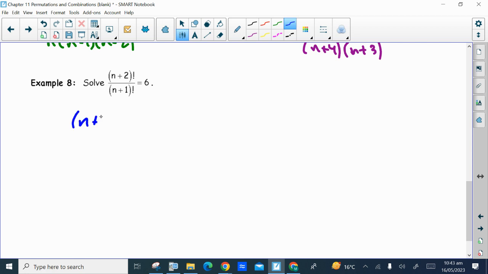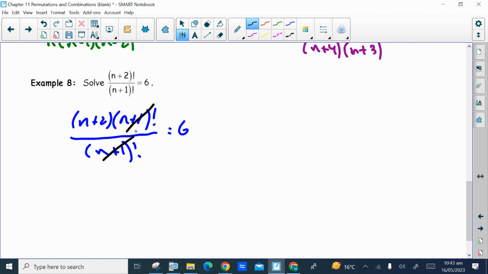And in this case, we only have to put 2 factors, because after n plus 2, the next factor in the expansion is 1 less, which would be n plus 1. We would stop there and put the factorial on the end, because that is the denominator. So the n plus 1 factorials cancel, and we're left with n plus 2 on the left equaling 6 on the right. Subtract 2 from both sides, and n equals 4.